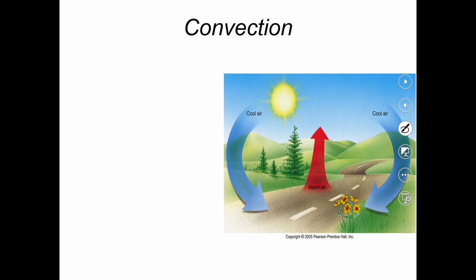Convection, it is giving examples from daily life. The sun sends heat, and when this heat reaches the ground or water, it changes the temperature. When the temperature changes, heat is transferred.